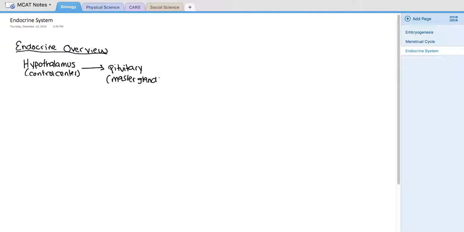You'll have a lot of hormones that are secreted from the pituitary. So the pituitary will direct hormones to the endocrine glands.